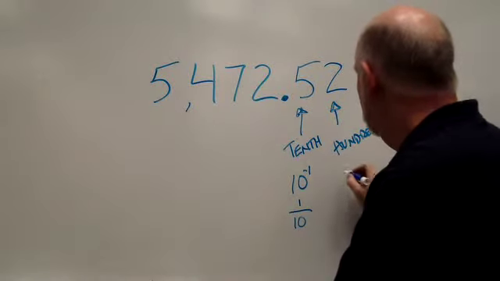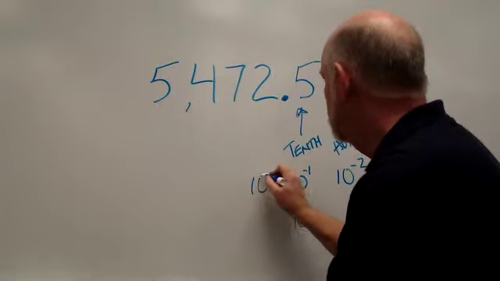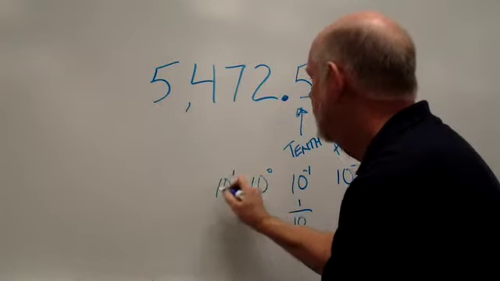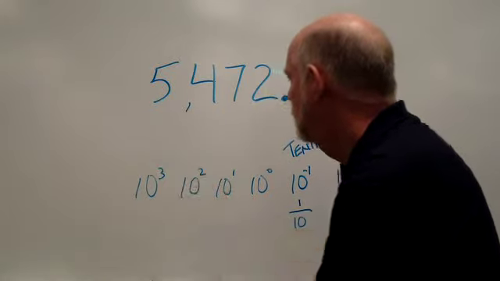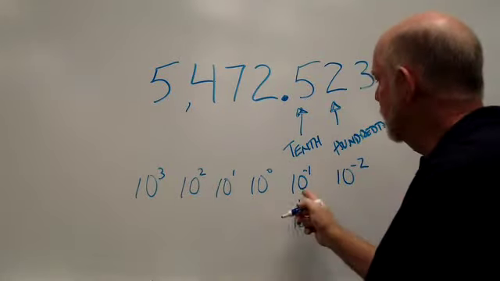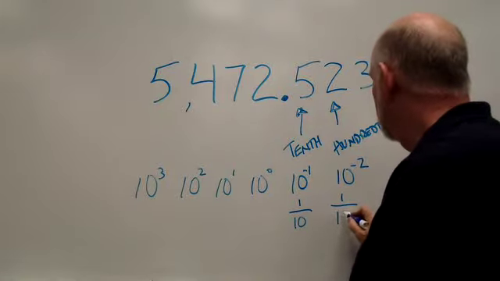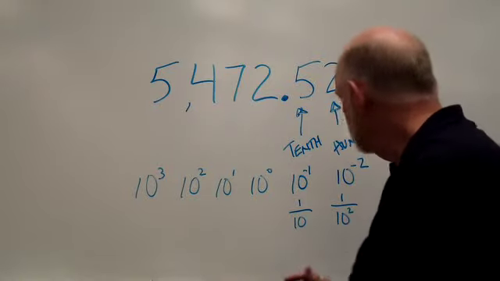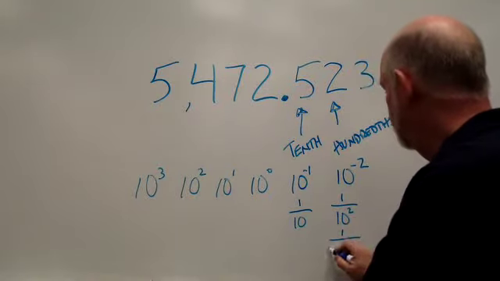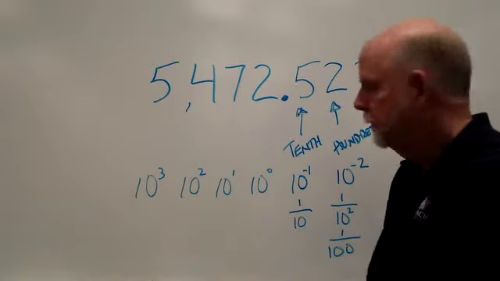And so if we do that over here, if this is 10 to the negative 2, maybe I should put these back in again. Okay. As we go backwards this way, this is 10 to the negative 1, 10 to the negative 2. That literally means 1 over 10 to the positive 2. Well, what is 10 to the positive 2? That is 100. So this is 1/100th here. Okay.